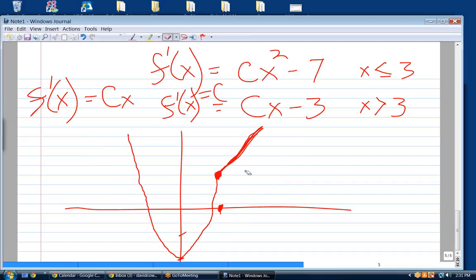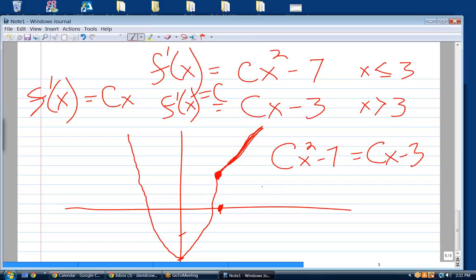So, what does that tell us? That tells us the reason it intersects is because cx squared minus 7 is equal to cx minus 3. Why can we not solve that? Let's see, if I bring the cx over, well, we might be able to solve this.